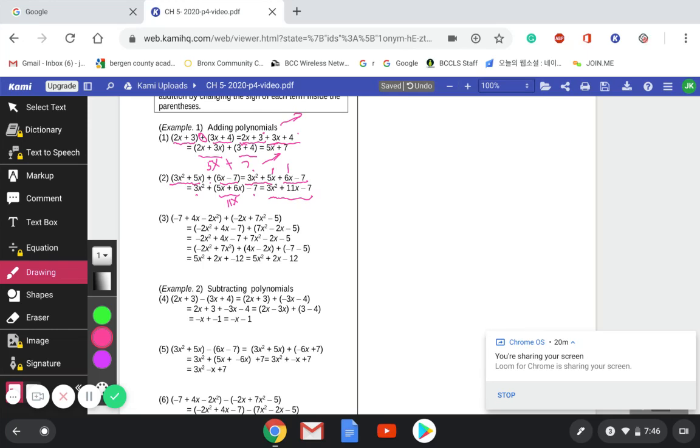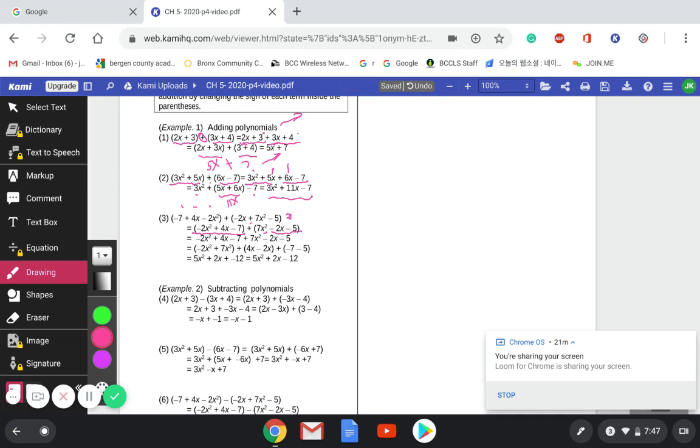Now, the next example, you have negative 7 plus 4x minus 2x squared. Again, as I said before, when you have a mixture of polynomial terms, you always rewrite them in descending order. So highest power first, then the second highest power of the letter, and then the number is always last. So you rearrange them, and you rearrange this one too.